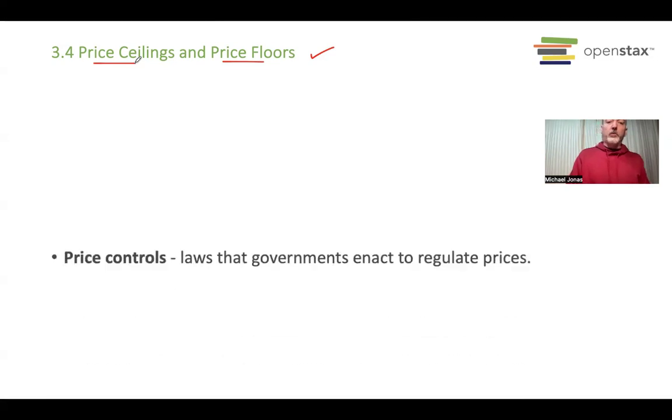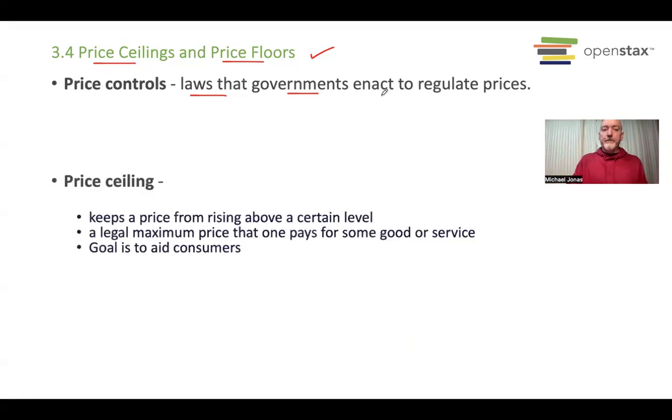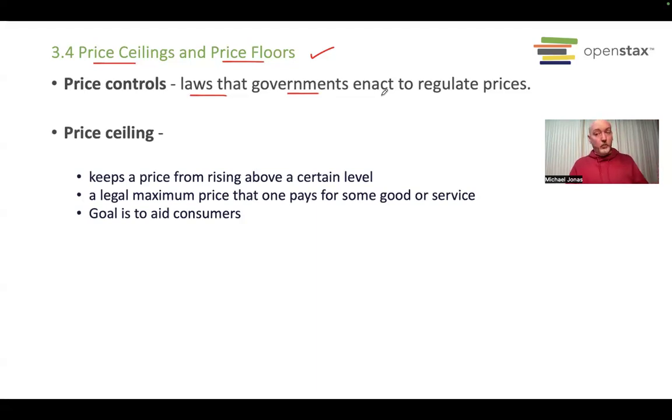So price controls are any scenario where a government enacts a law that regulates prices, that restricts the movements of prices. In other words, that doesn't allow the full re-equilibration to take place. And this can operate in one of two ways.